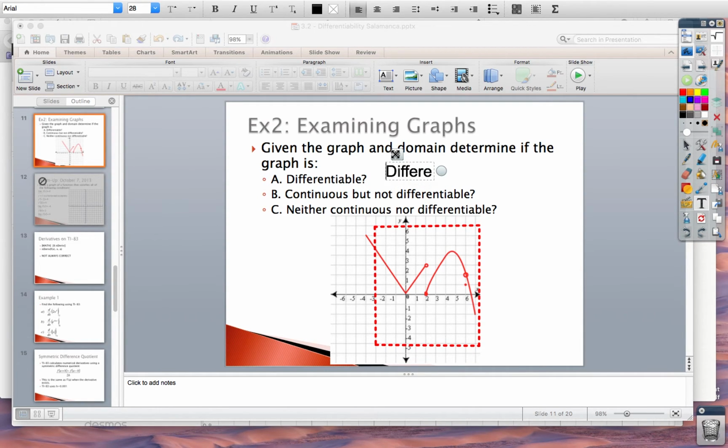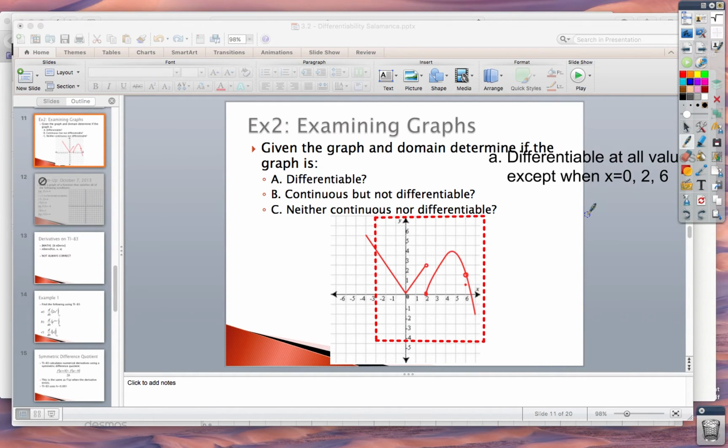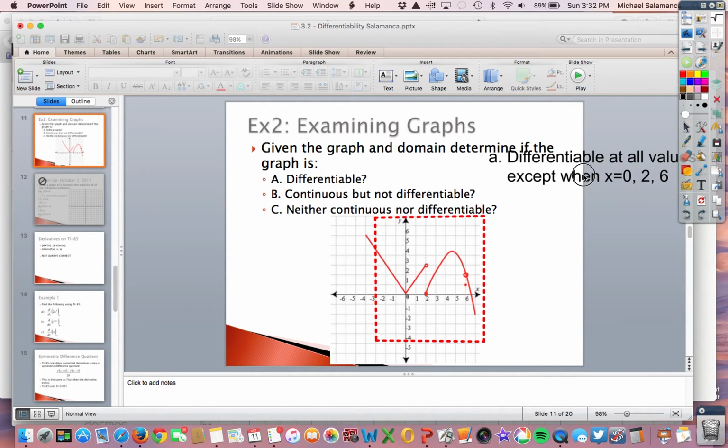This is part A, of course. This is differentiable at all values except when x equals 0, 2, and 6. Now the reason why we can say it's differentiable at all values except 0, 2, and 6 is actually very simple.